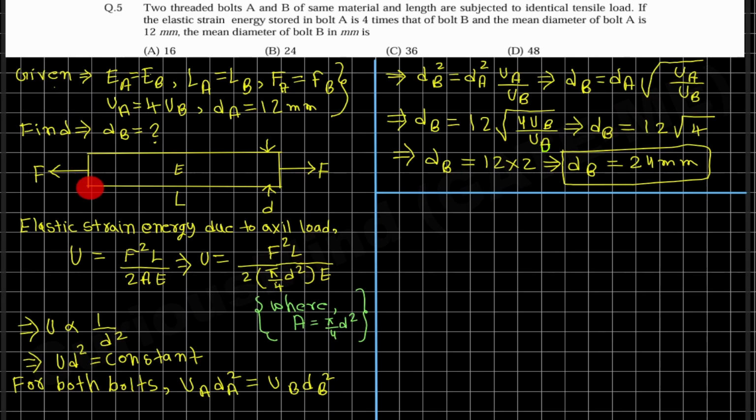Our bar or threaded bolt is also an elastic body. So we can use the same formula of the elastic strain energy that we use for the spring.